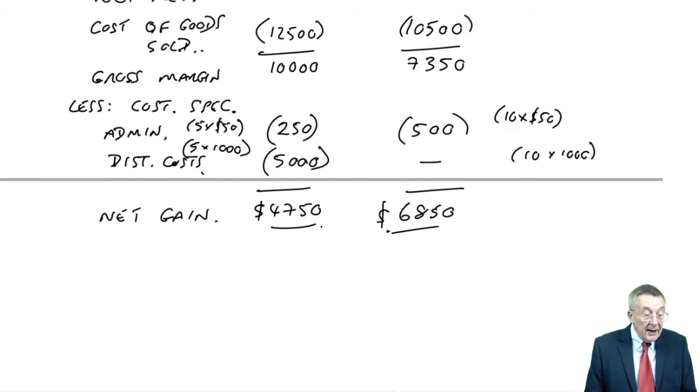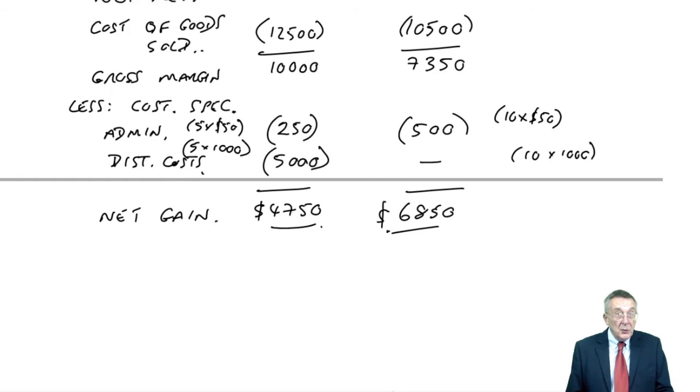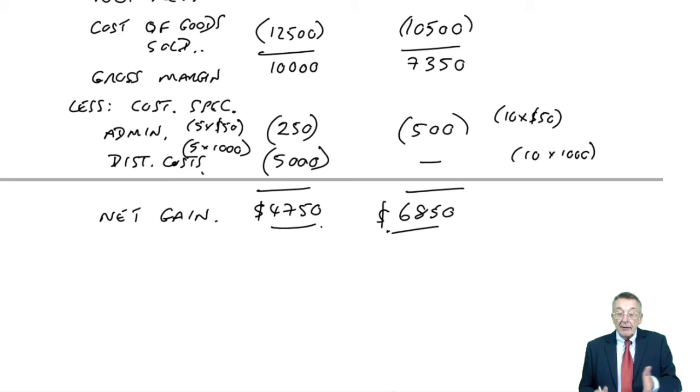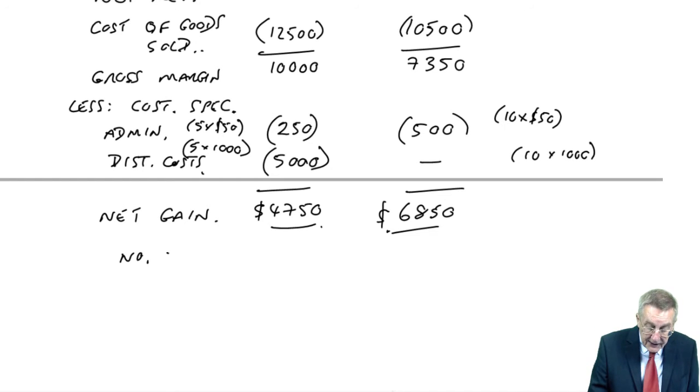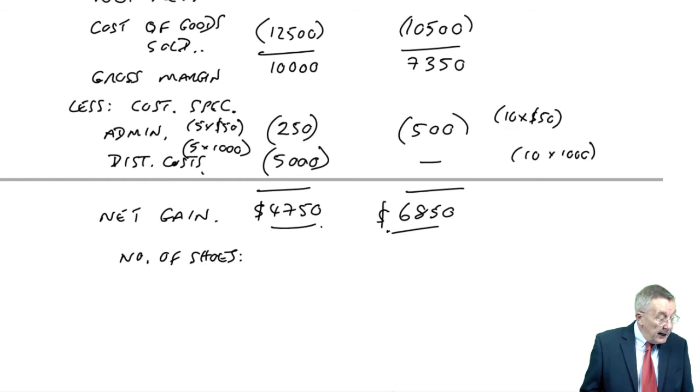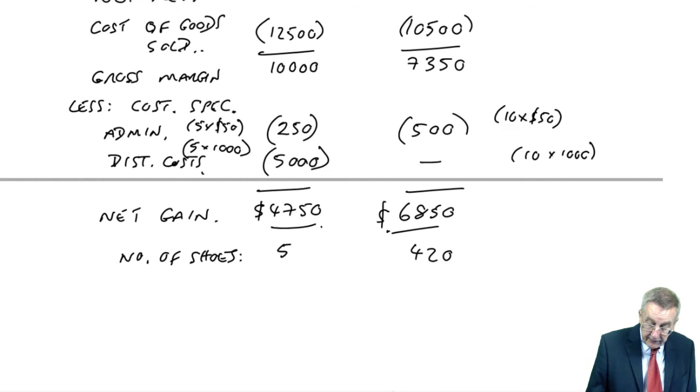And if we look at it per pair of shoes, the gain per pair from each customer, the number of pairs: in total we're selling 420 to Sam, and to Gollum 5 orders of 100, so 500.